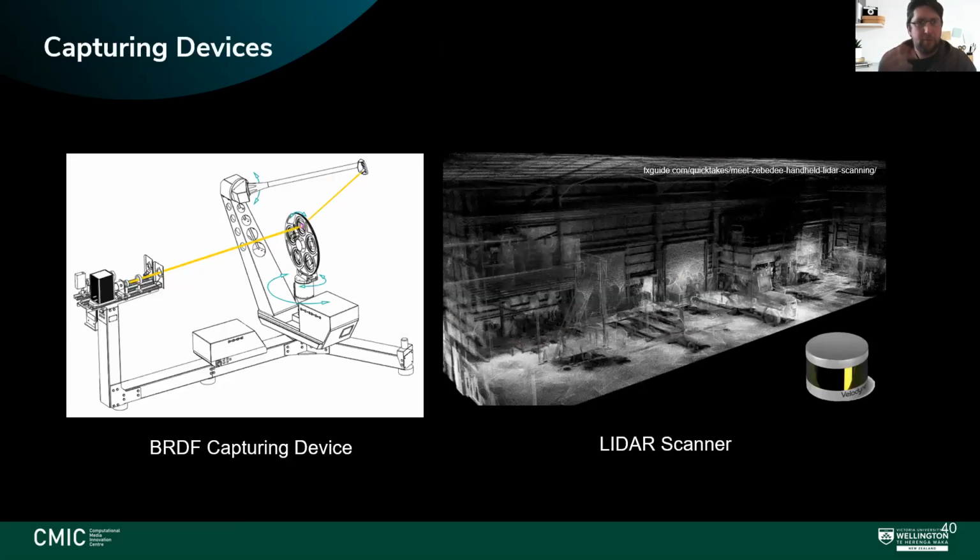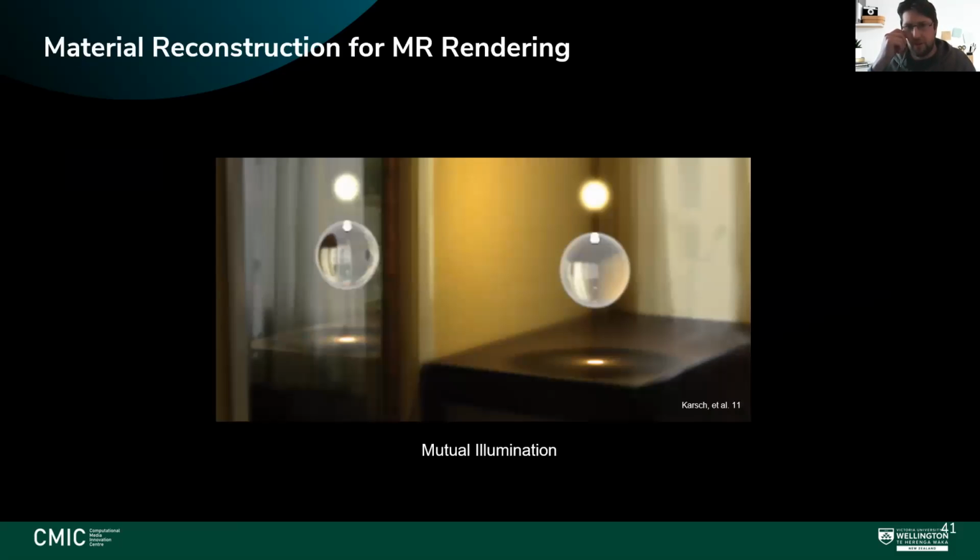So if we're able to reconstruct the material, one of the motivations is to blend a virtual object into the real world such that it reflects into the real world as well. So we can see this virtual sphere reflects in the real window or mirror there. It's just a more convincing result that the virtual object is alive in that world.